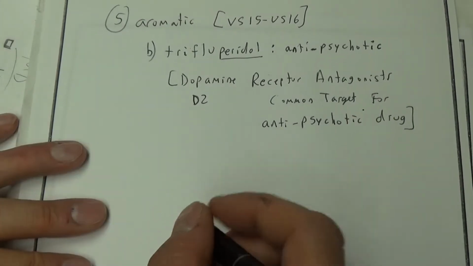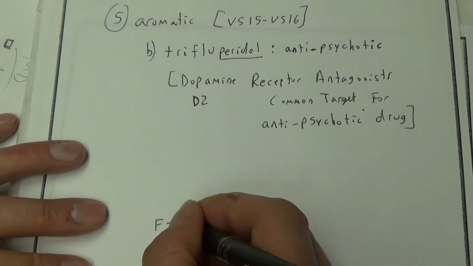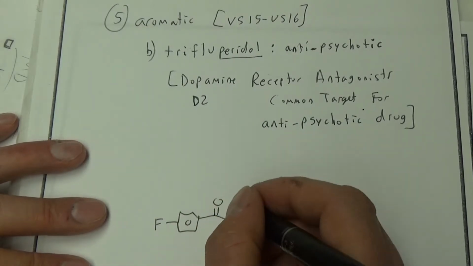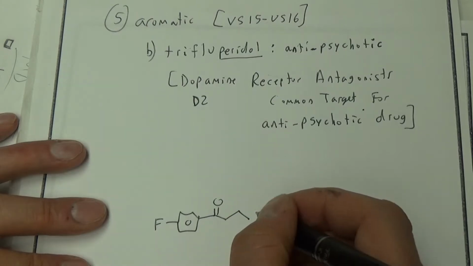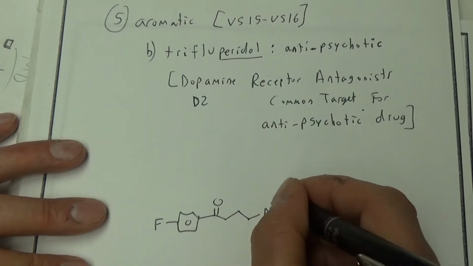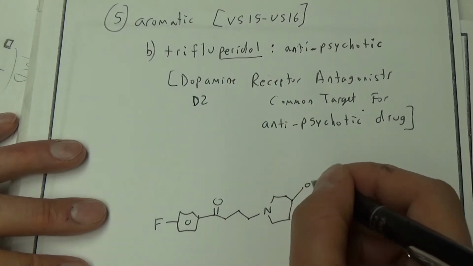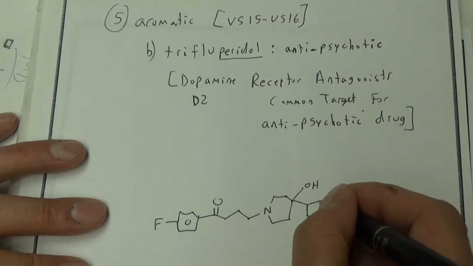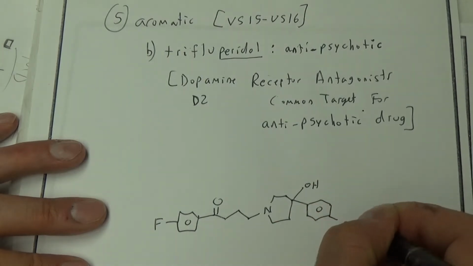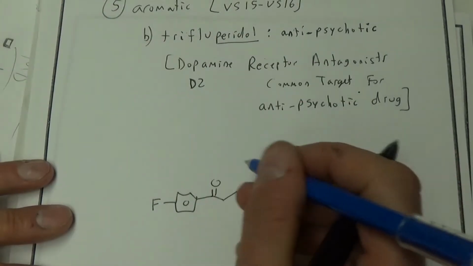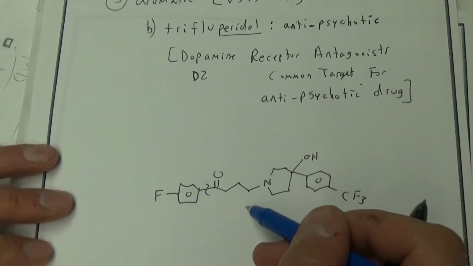Here's the molecule. It's fluorobenzene, ketone, carbon, carbon, carbon, nitrogen, alcohol, CF3, and they build this molecule really easily from that bond.